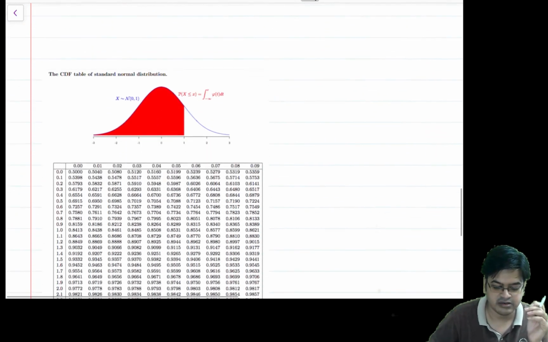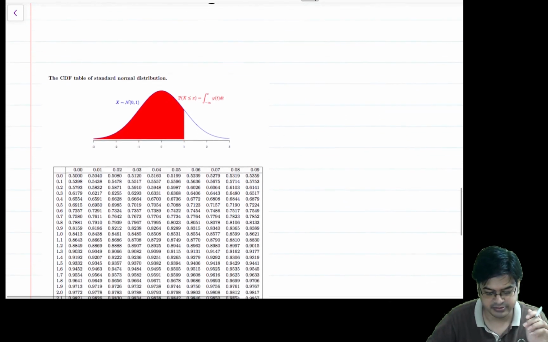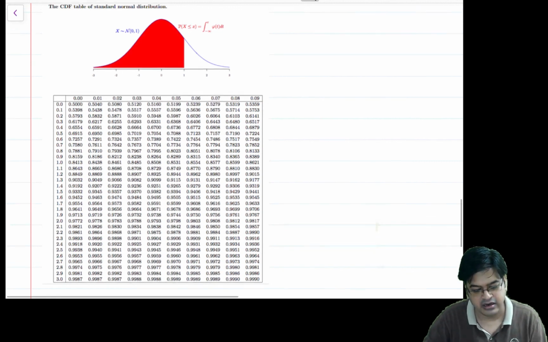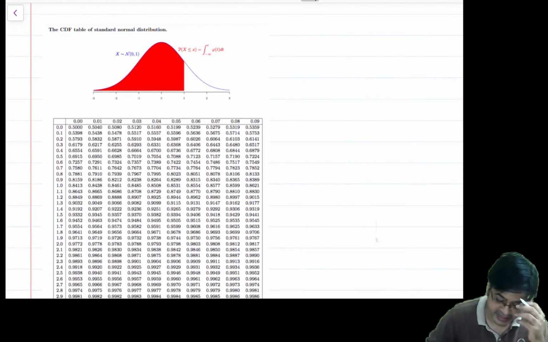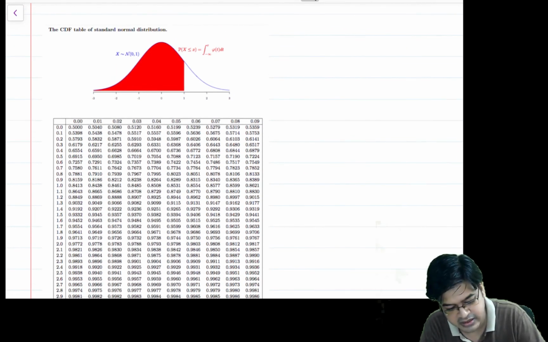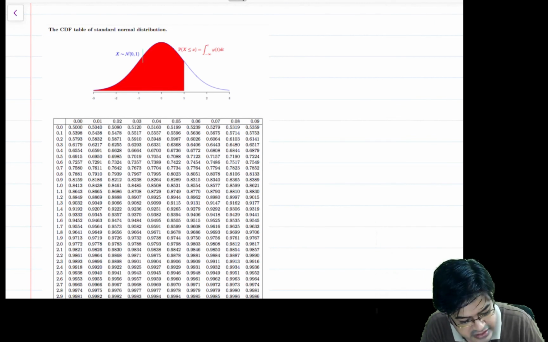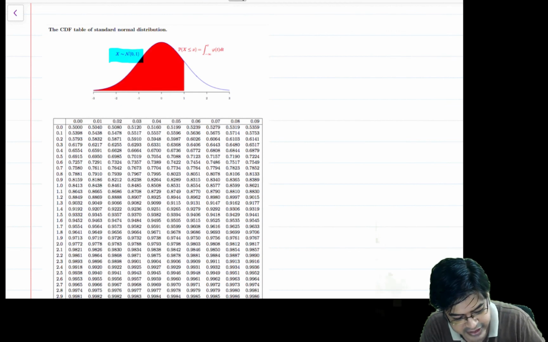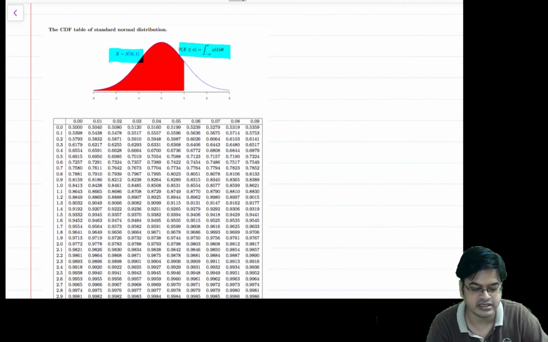So here is a table that is available to me. So in this table, it will always be written, let us look at this table. It will always be written, this is a table of a standard normal random variable, and it is helping you to calculate the probabilities of this, where phi t is a standard normal density.